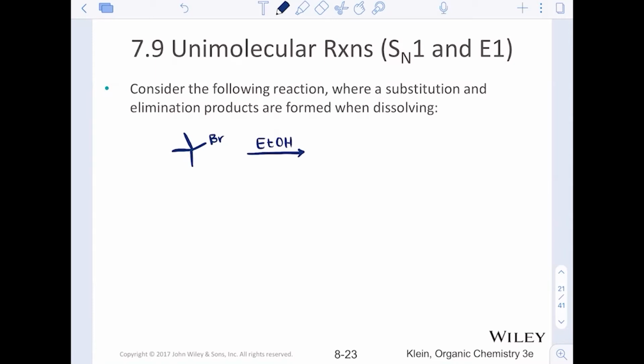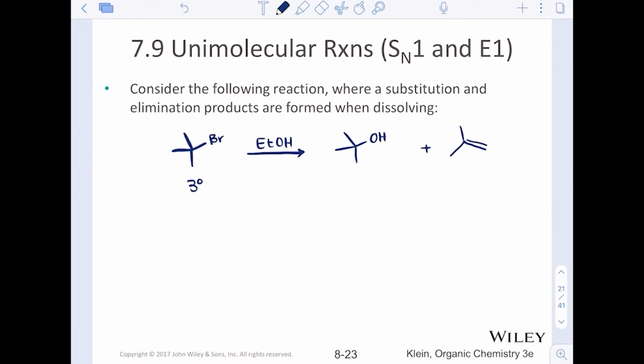And so what we see in this reaction is not only a mix of substitution and elimination products, but we will also see that the only way to get that tertiary center to undergo a substitution is if it is not via an SN2 concerted reaction, right?